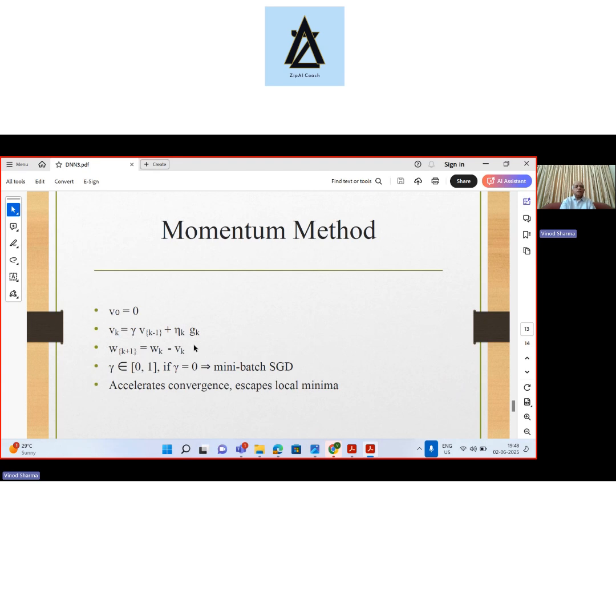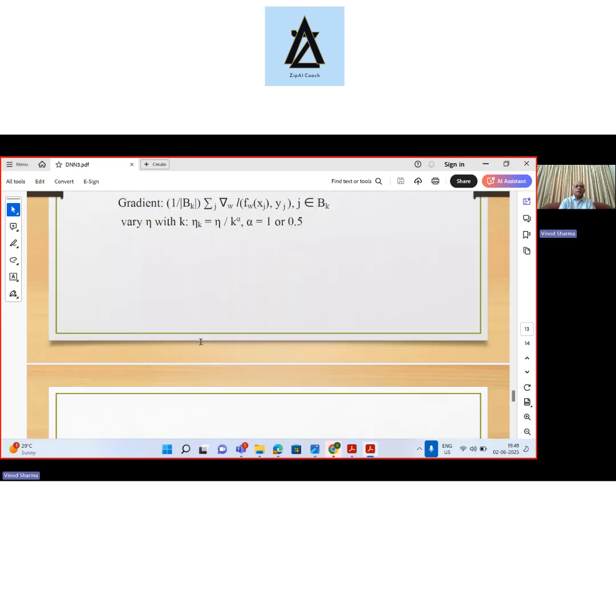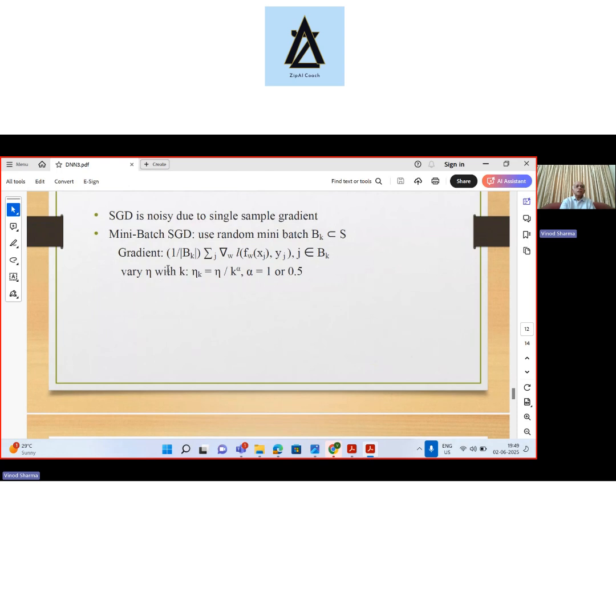And then instead of using G_k of the mini batch, you use this V_k, and the algorithm is now written as W_{k+1} is equal to W_k minus V_k. Gamma is going to be between 0 and 1. If I take this gamma to be 0, then because G_k is the term that we have here, which we are denoting by G_k.